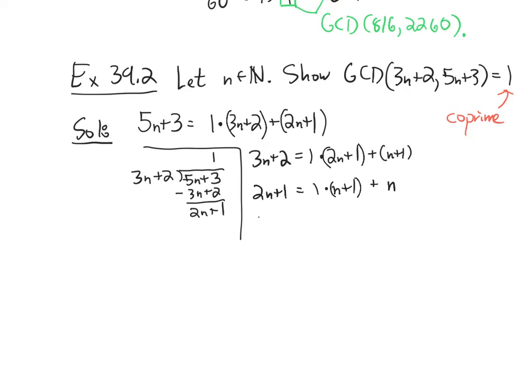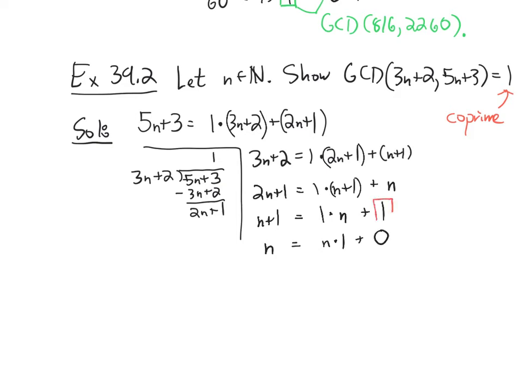So now we write n plus 1 as a multiple of n. And we can do that once with a remainder of 1. And now we need to write n as a multiple of 1. And so n times 1 is n, and we have nothing left over.